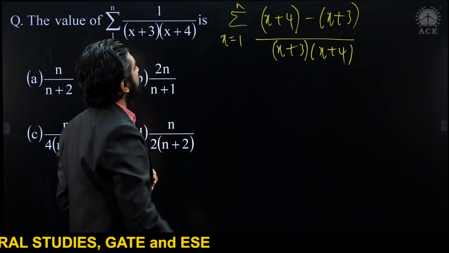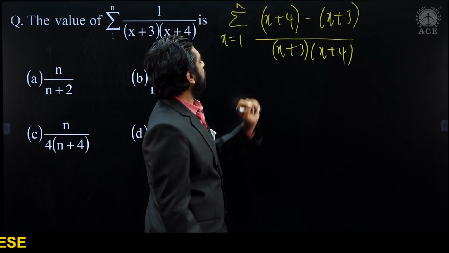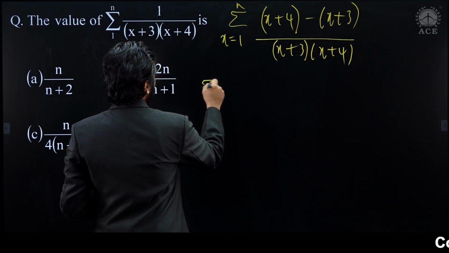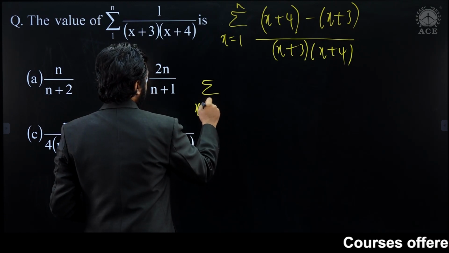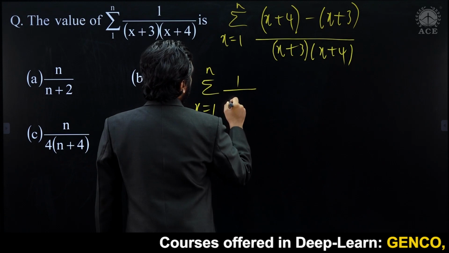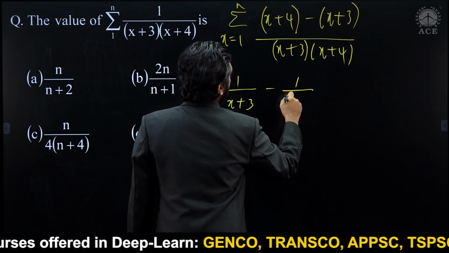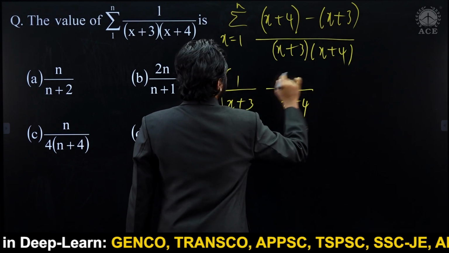Let's separate the terms. Now when I separate, this and this cancel. So what you will have is the summation x from 1 to n of 1 by x plus 3 minus 1 by x plus 4.